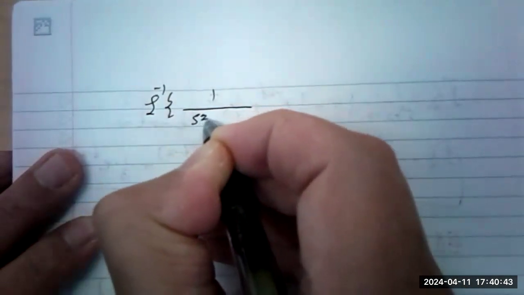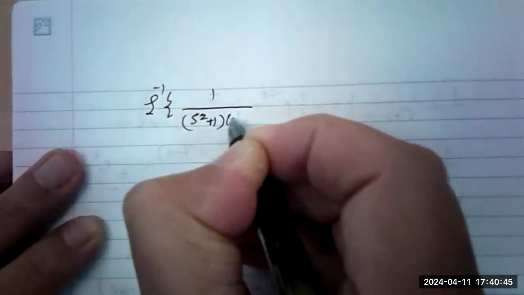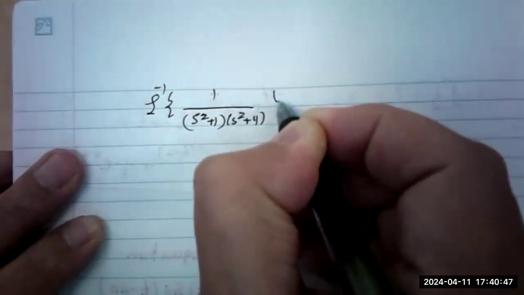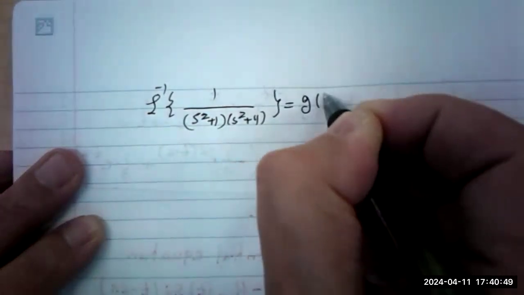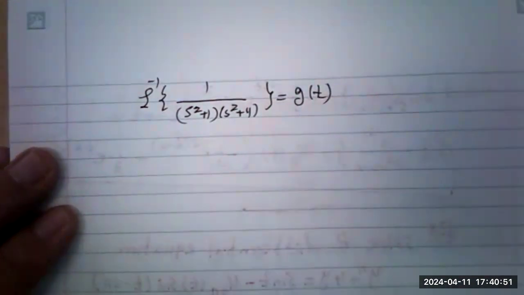So I repeat it again, I use that formula to show you. This is the one that I did, with s squared plus 4. This is the one I call g of t.